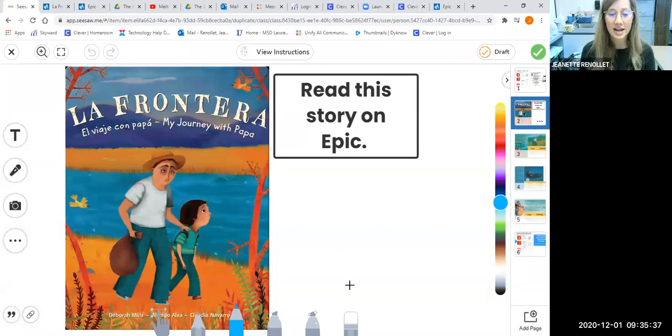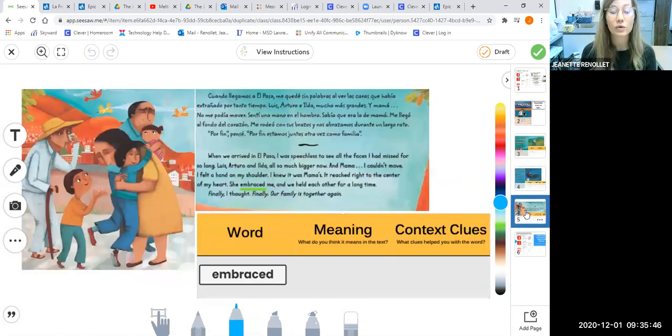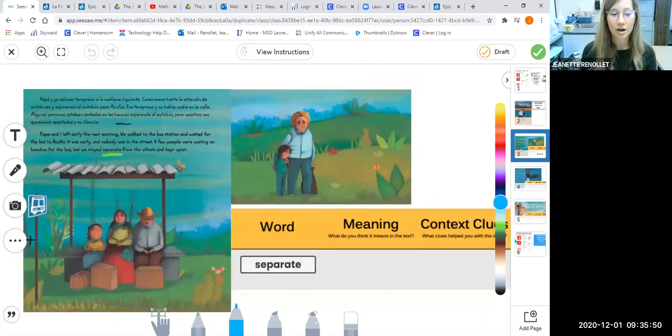On Seesaw today, after you listen to the whole story, you have 3 slides where you're going to practice context clues. These are pictures and words taken from Epic.